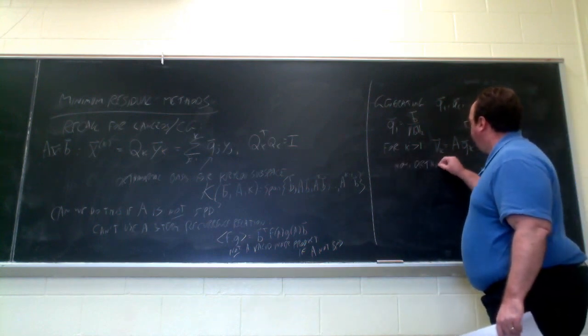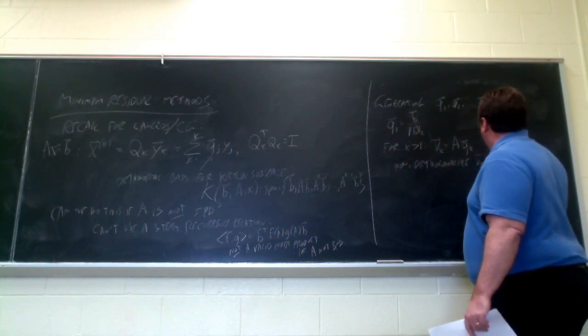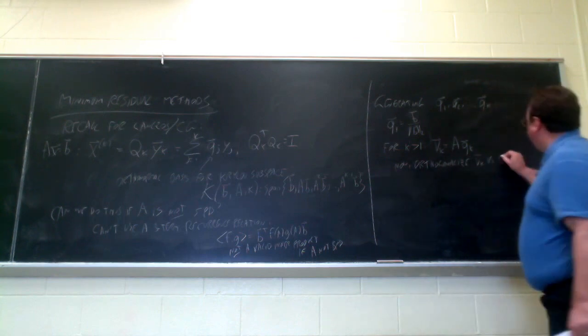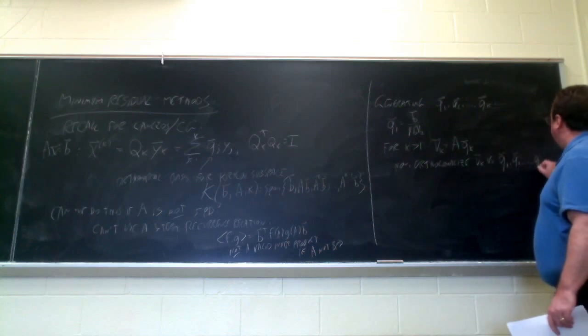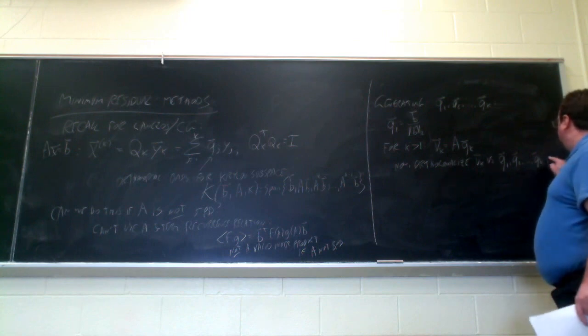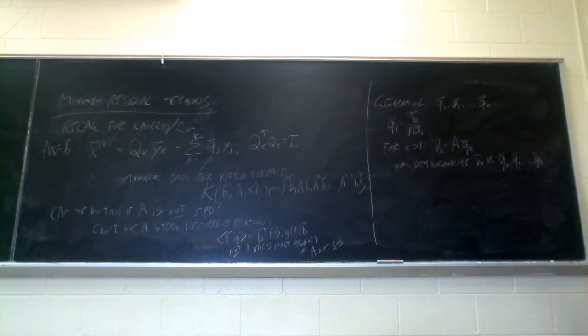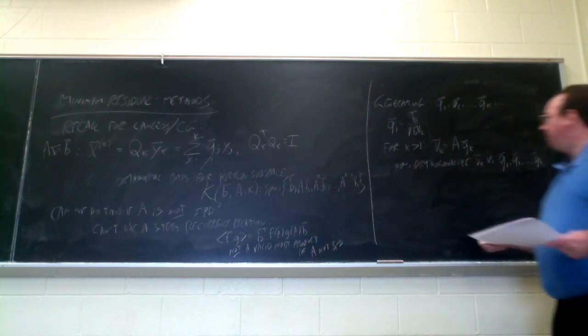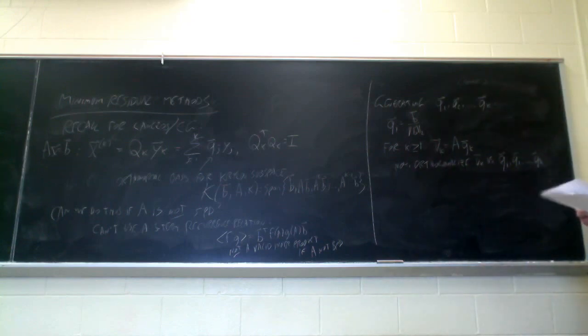orthogonalize vk against the previous vectors you have, q1, q2, up to qk, because you're trying to get qk plus 1 in here. Actually, I can make this k greater than or equal to 1. All right.